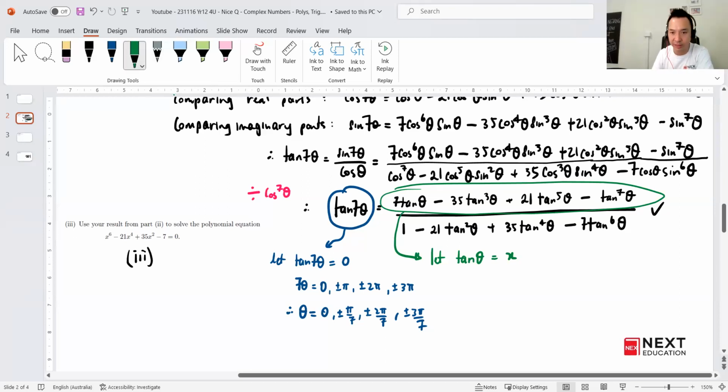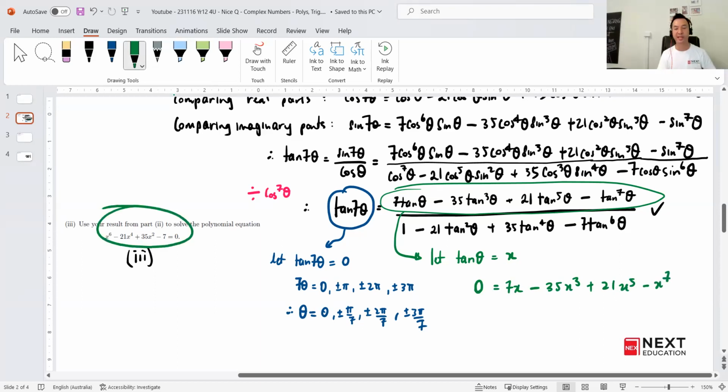Now, the moment I let tan theta equal to x, I get this equation, right? I get, and I'll do it in green here, I get 0, right? Because I've let it be 0 on the other side. 7x minus 35x cubed plus 21x5 minus x7. Okay. Now, you can see almost there, I'm going to divide everything by negative x.